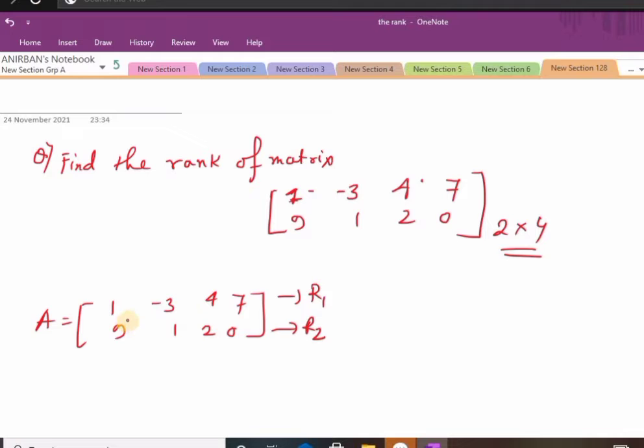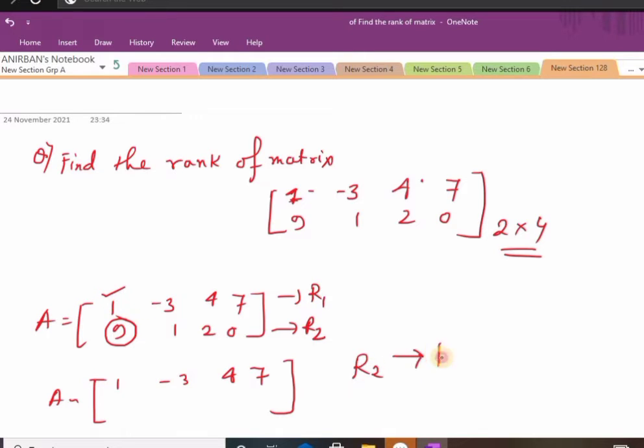So we can make this element 0 with the help of this element. How to make this 0? You have to multiply R1 by 9, so you modify R2 as R2 minus 9 into R1.